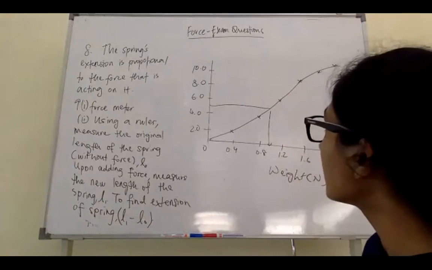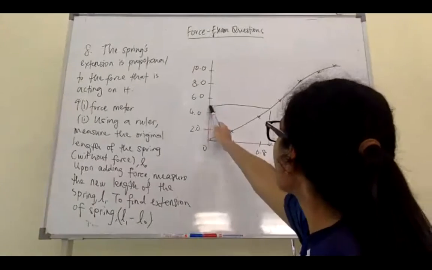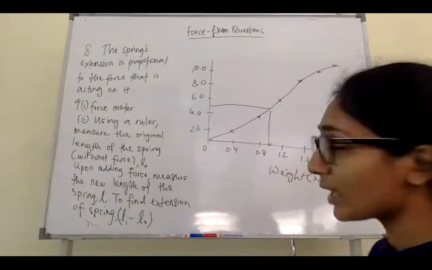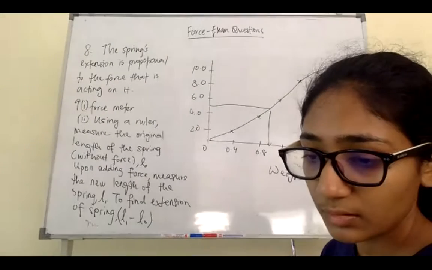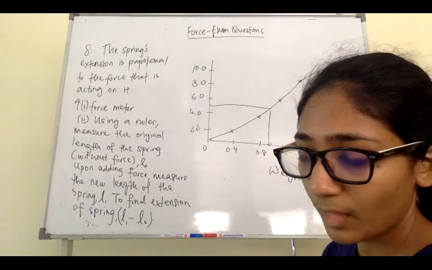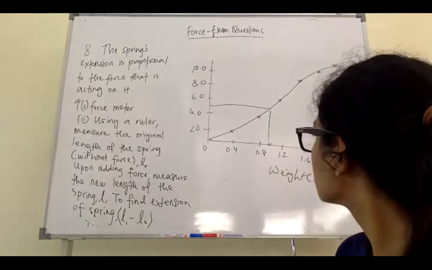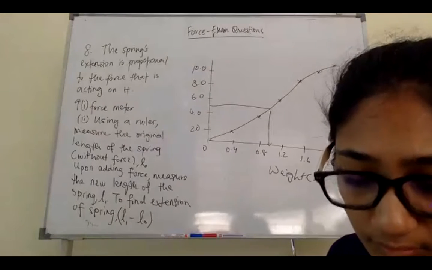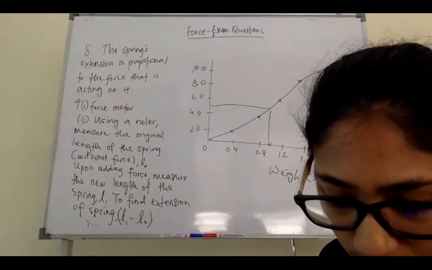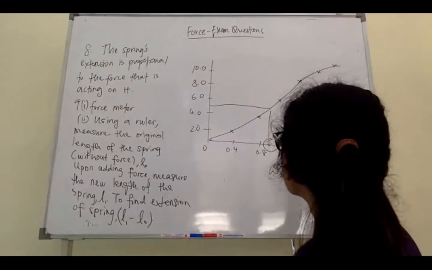What is your weight? So for 5 cm, you draw a line across the graph, and then what is the weight down there? Around 1. I still got 1 Newton. Anyone else got a different answer? I got exactly 1. Yeah, same, I got exactly 1.